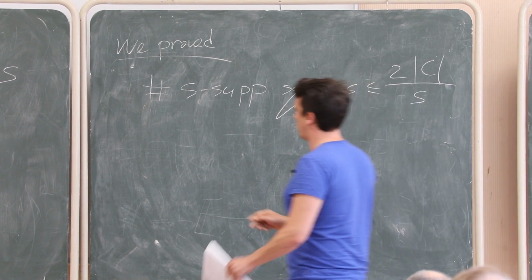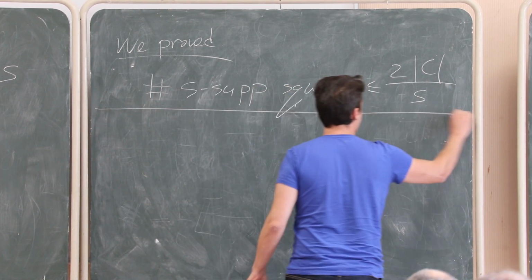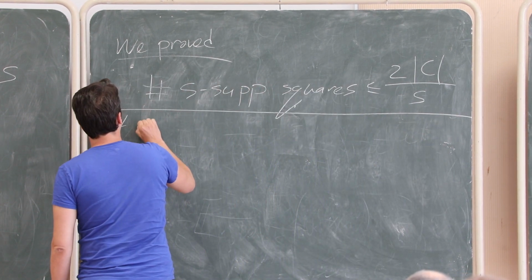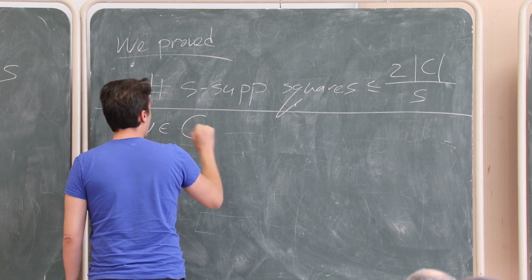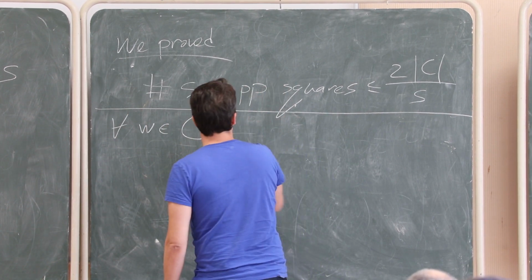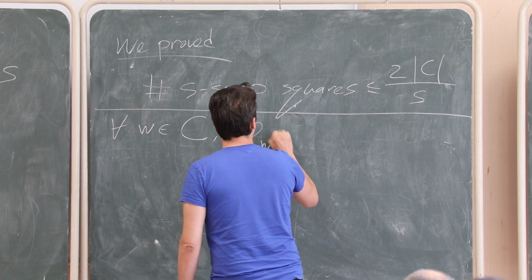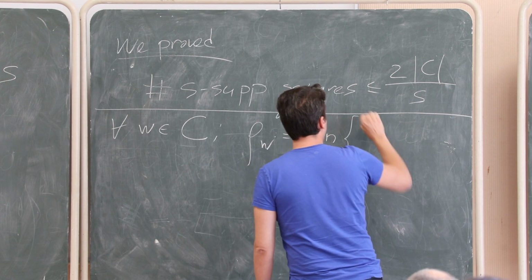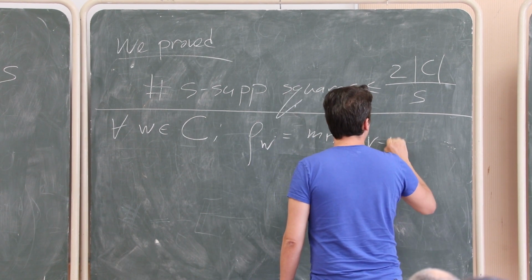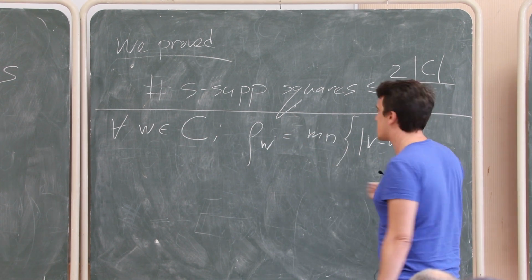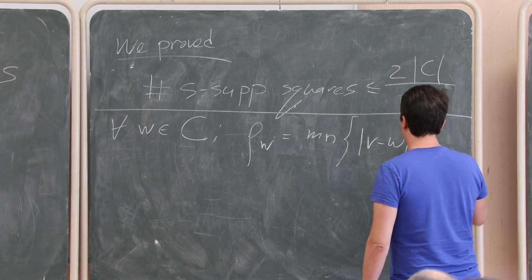So now I'm reminding you the statement of the magical lemma. Right? So we have for each W, a point, its radius of isolation, so we call that rho of W, which is the minimum of the Euclidean distance between V and W for all the points V in the point set except for W, right?